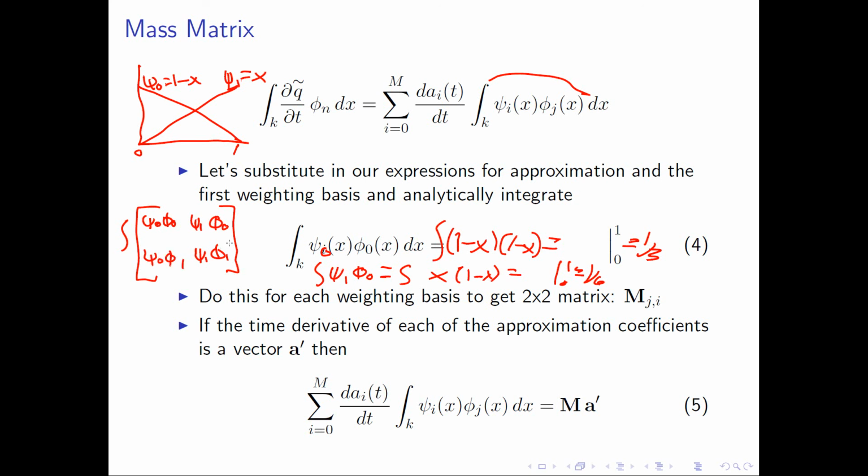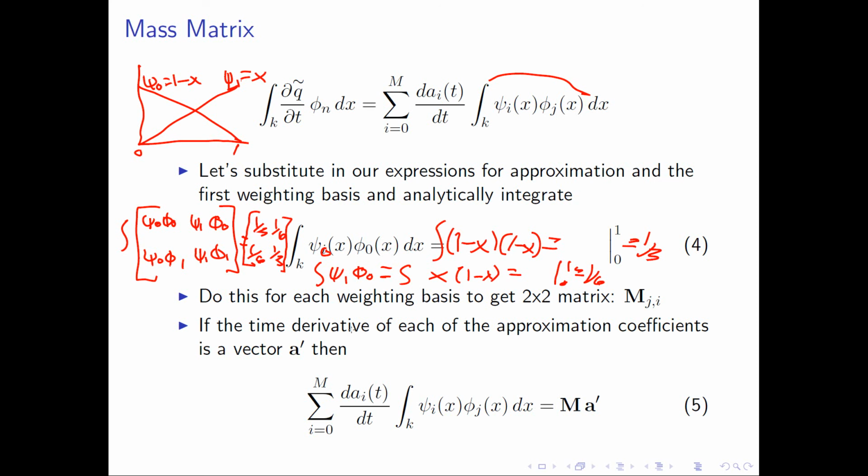And then similarly, we have these terms. So we can see we identified when they're similar subscripts, they're equal to a third, and when they're different subscripts, they're equal to a sixth. So we get the following matrix. And notice that it's symmetric. So we can see we get from this a 2 by 2 matrix.